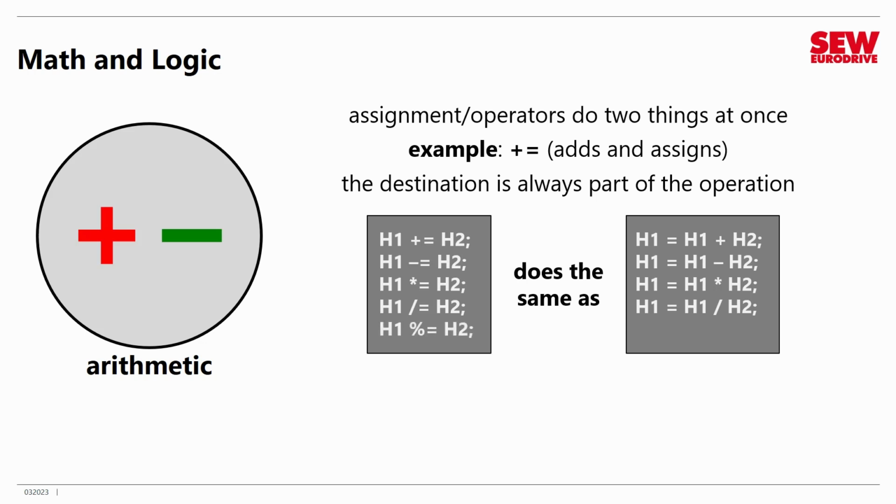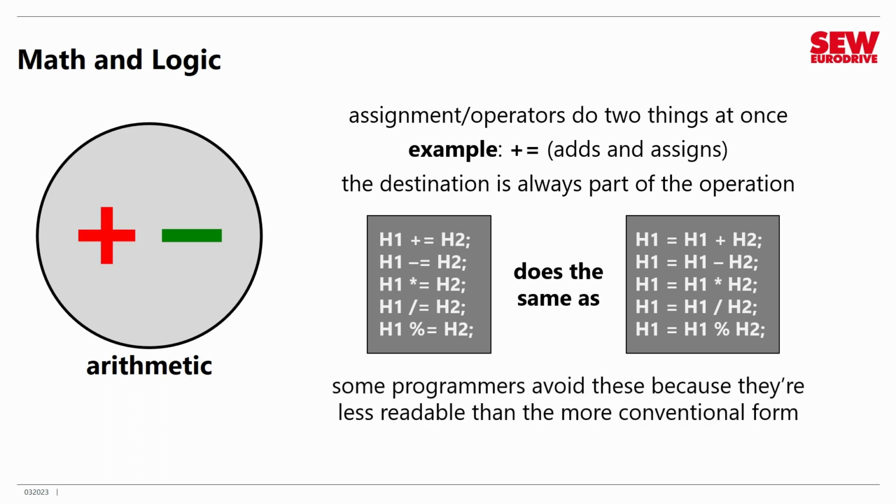And H1 remainder equal H2 is the same thing as H1 equals H1 remainder H2. So you can use these if you like. Some programmers avoid them because they think they make their code not quite as readable. I don't tend to use them in my code, but they're there if you'd like. So do what you like there.